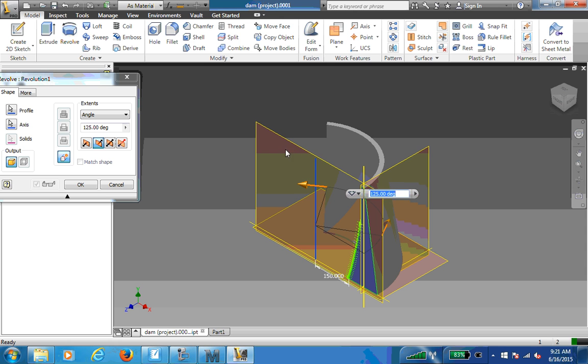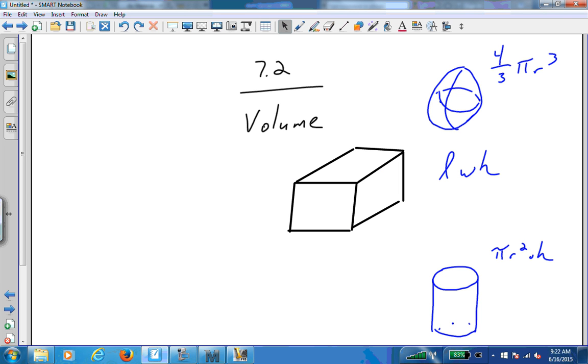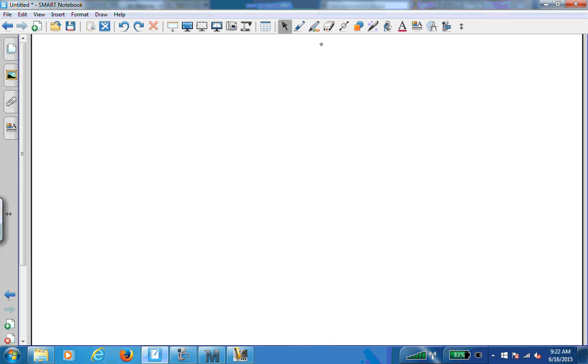But we're going to rotate it about 150 degrees, and that's going to give us an image of a dam holding back water. In our project, we're going to try to calculate how much concrete it would take to pour that dam.